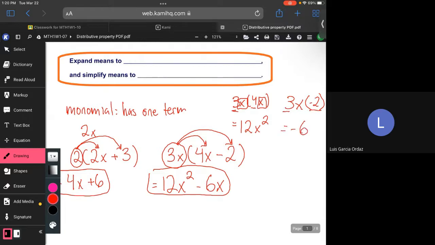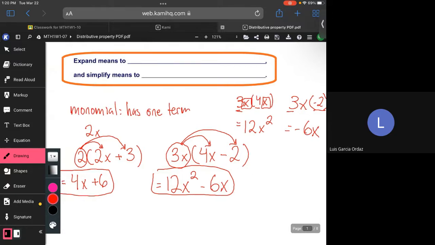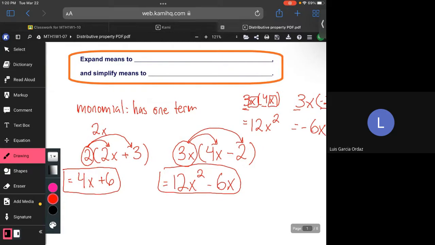Does my 2 have an x? No. The only one that has an x is the 3. So we just leave the x by itself. We don't do anything to it. It just remains x, which is why we get negative 6x. What you're saying is, when the number inside the bracket does not have an x, you put the x from the outside number. It's just stuck with it the whole time. So that's what it's like.